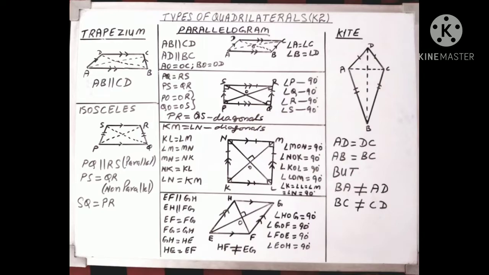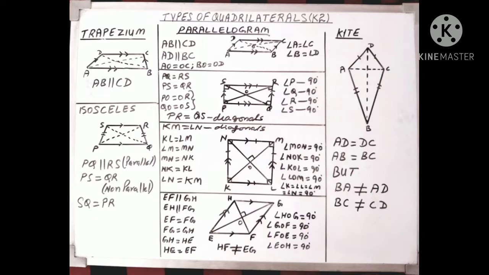Also on the right side I have written angle MON is equal to 90 degree, angle NOK is equal to 90 degree, angle KOL is equal to 90 degree, angle LOM is equal to 90 degree, which means that the diagonals LN and KM are meeting at 90 degree, that is right angles.